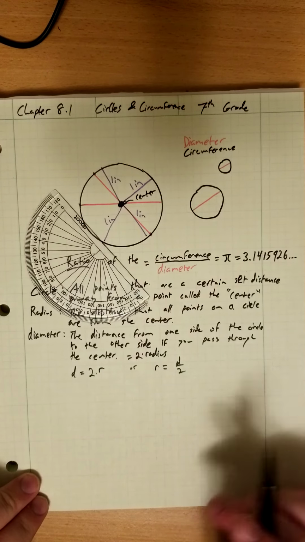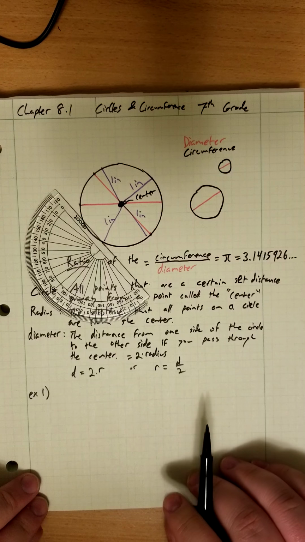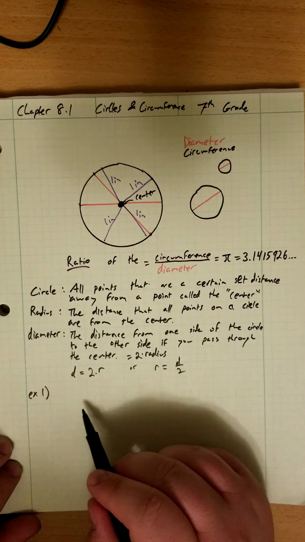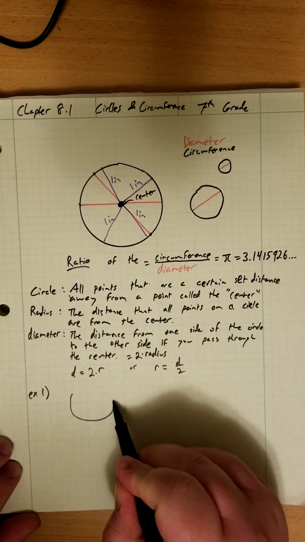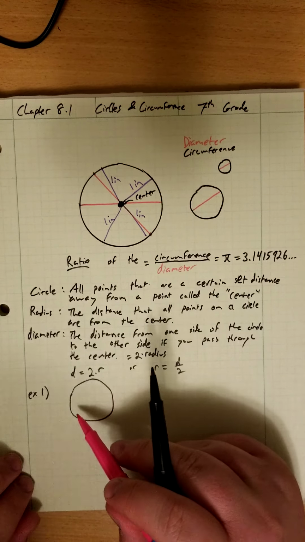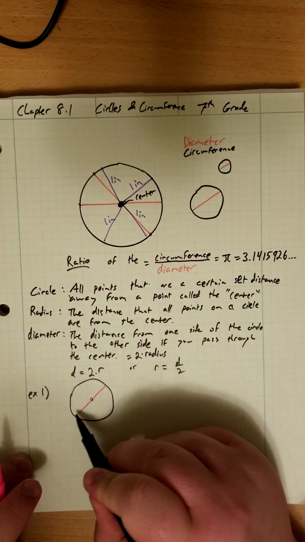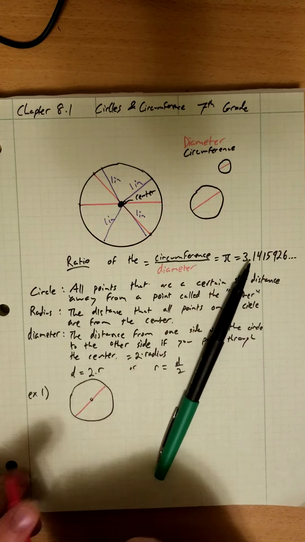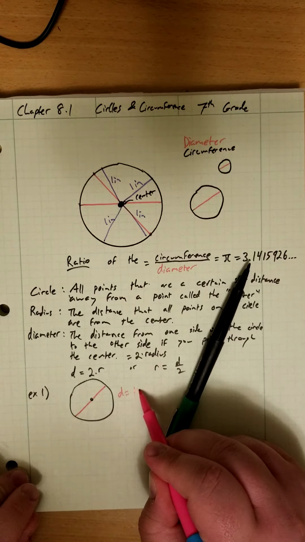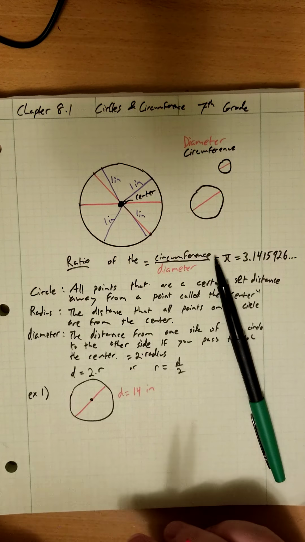Okay. Let's go to our first example. Example 1. I have a circle here, and the diameter, that's all the points, or sorry, the distance here, the diameter is equal to 14 inches. What is the radius?